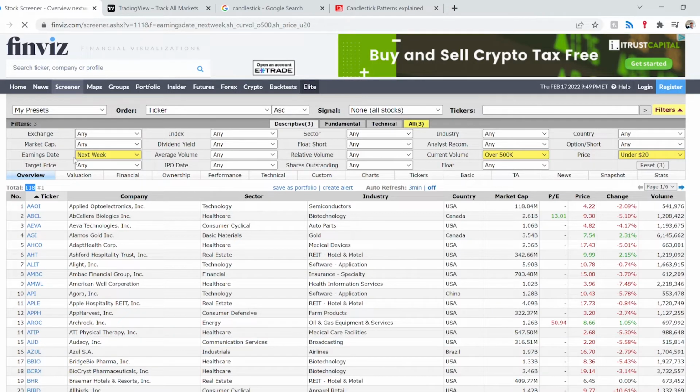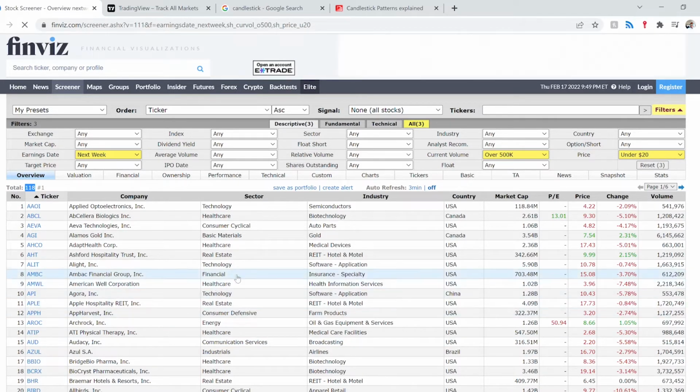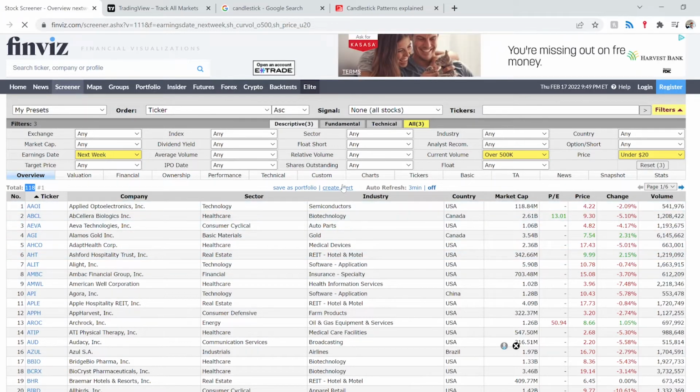118 is quite a huge number, so you might want to narrow down to a smaller number like 10 or 15. These are just the descriptive filters.